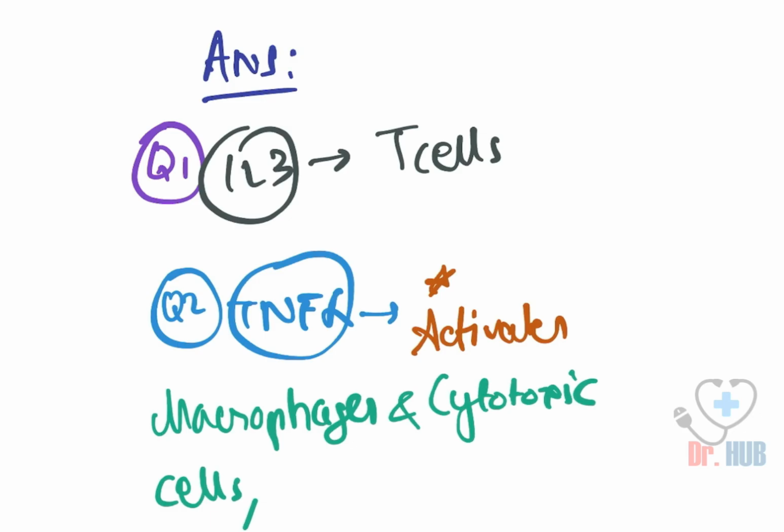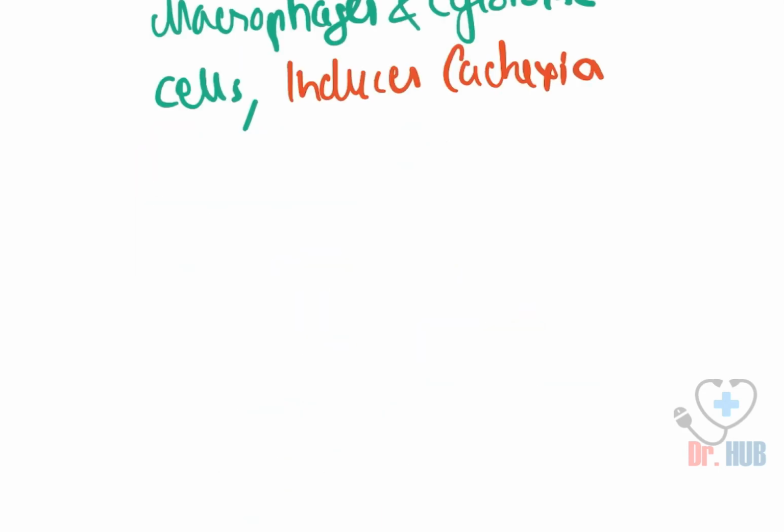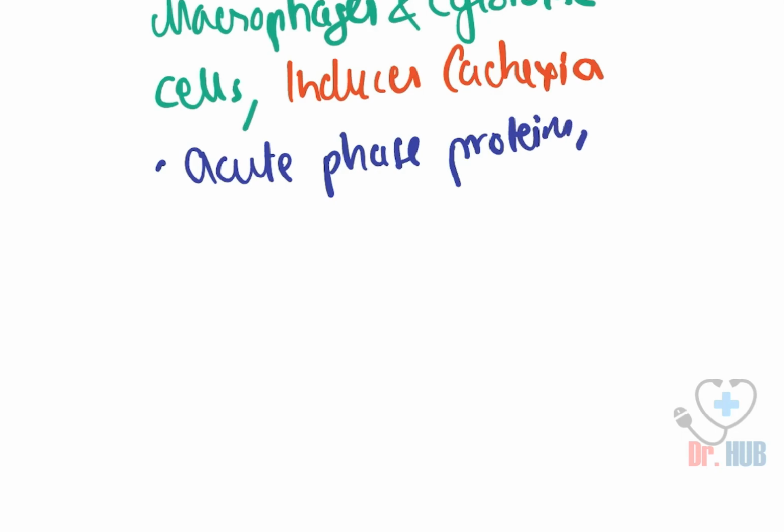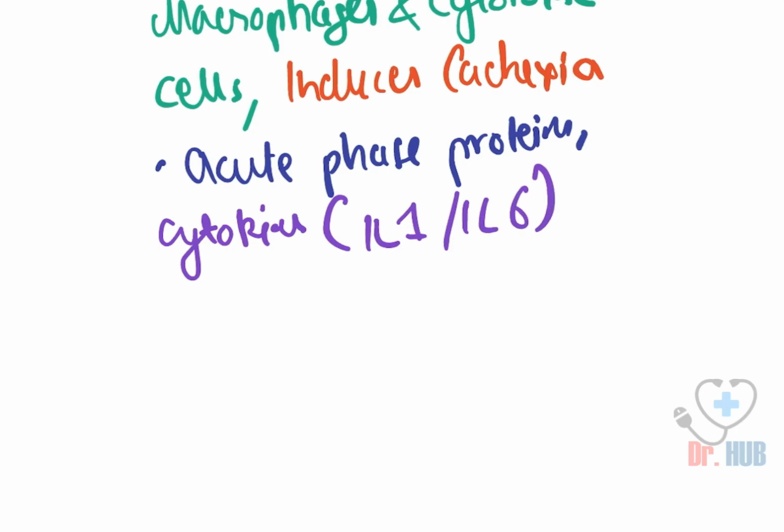Next, it induces cachexia as well as the acute phase proteins. Then there are cytokines such as IL-1 and IL-6. So this was the second question.